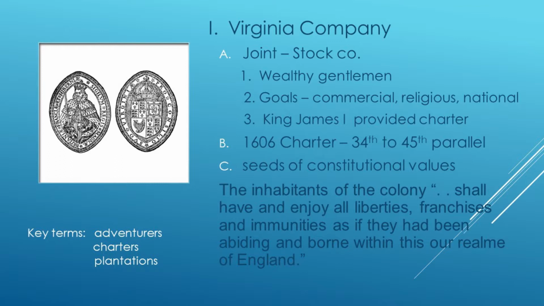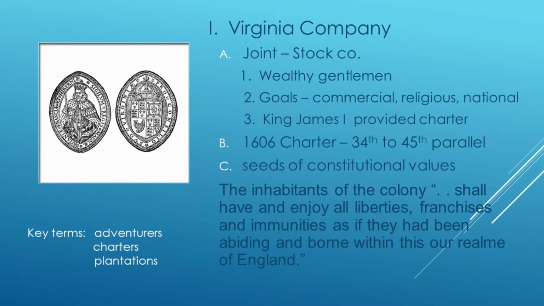They will look back at this charter and use it as presenting their rights to all the privileges and protections of people living in England. The image on this slide is the seal of the Virginia Company, front and back, and the image on there is of King James.